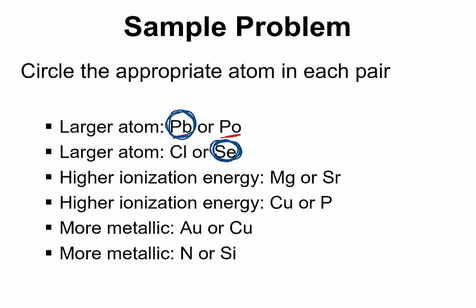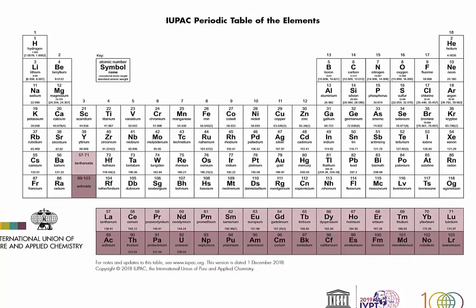Which has a higher ionization energy, magnesium or strontium? Let us take a look at the periodic table. On the periodic table, this is magnesium. This is strontium. They belong to the same group.